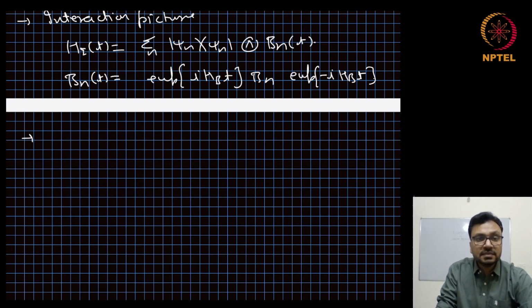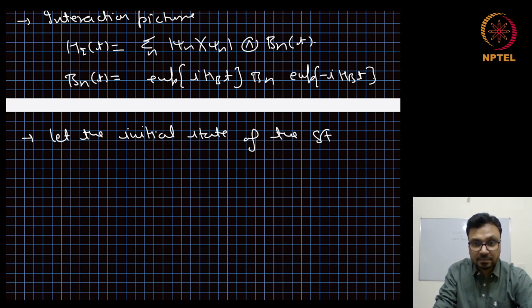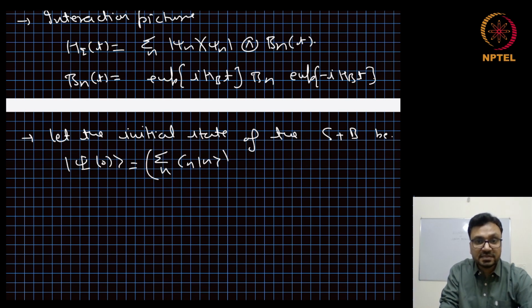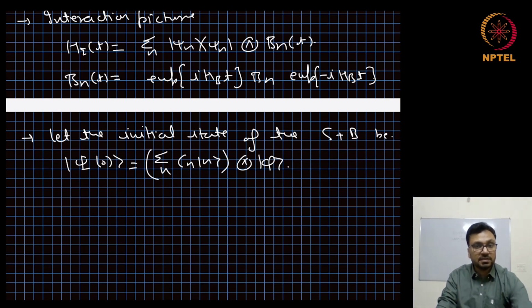Now let the initial state of the system plus bath be capital Ψ(0), which is sum over n Cn |n>, that is an arbitrary state of the system, tensor φ, which is an arbitrary state of the bath.